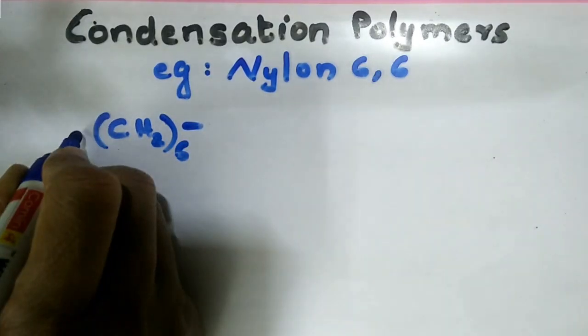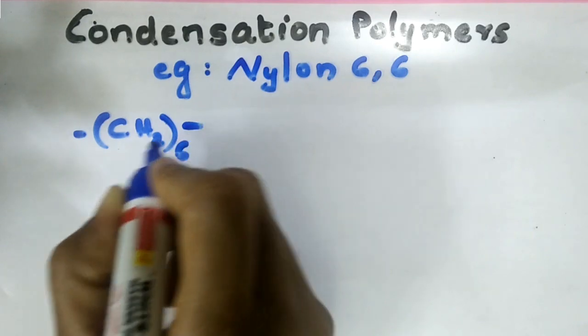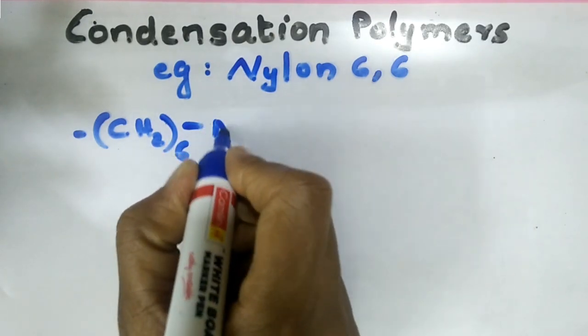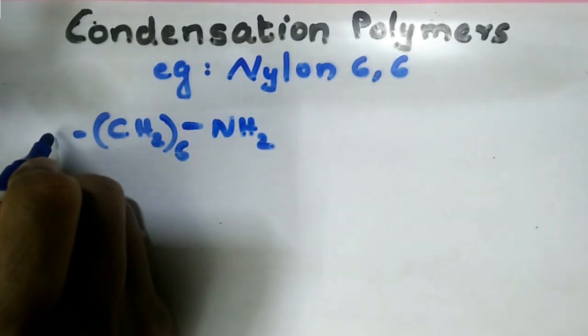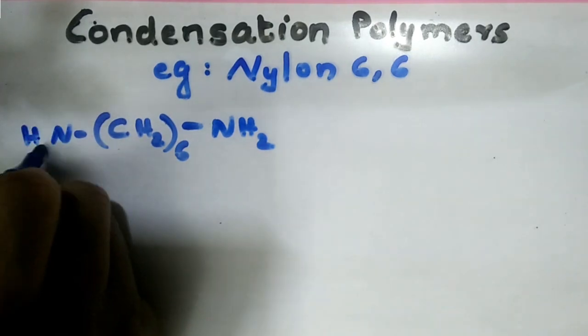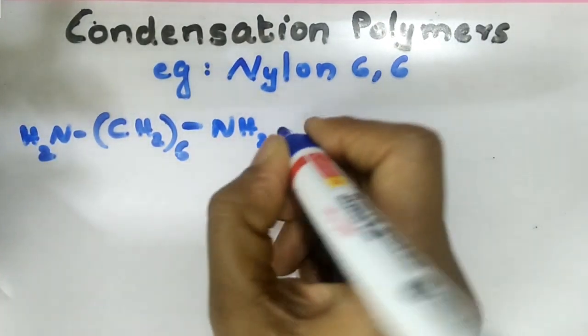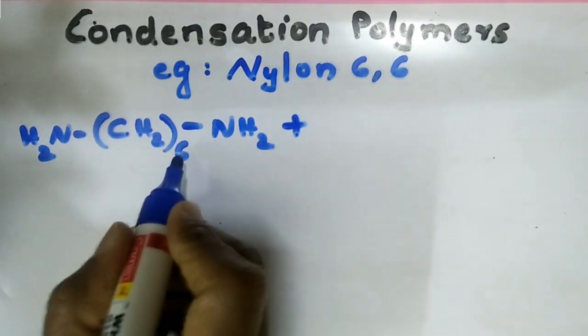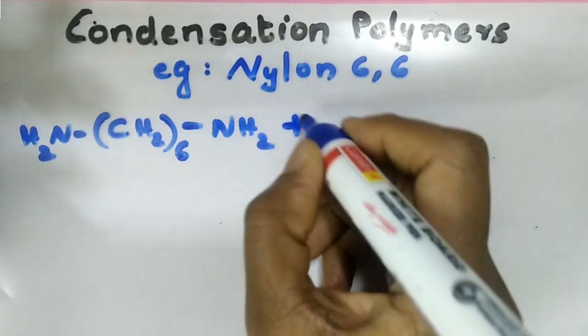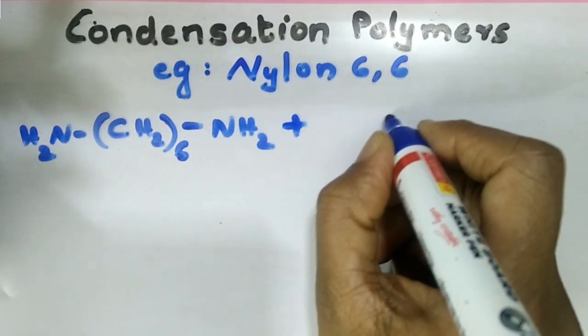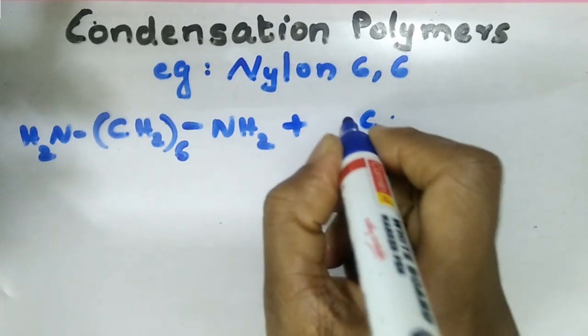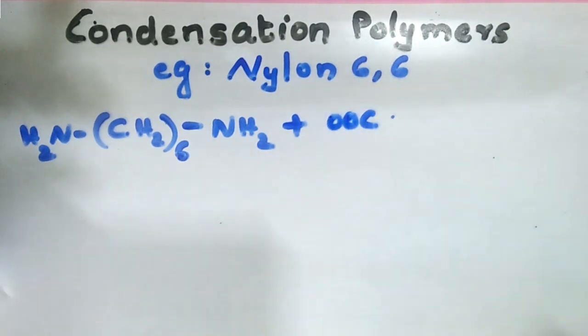Then diamine, amine NH2, so 2 NH2 groups are there, that is hexamethylene diamine. Then adipic acid. Adipic acid has a carboxylic acid group, COOH.